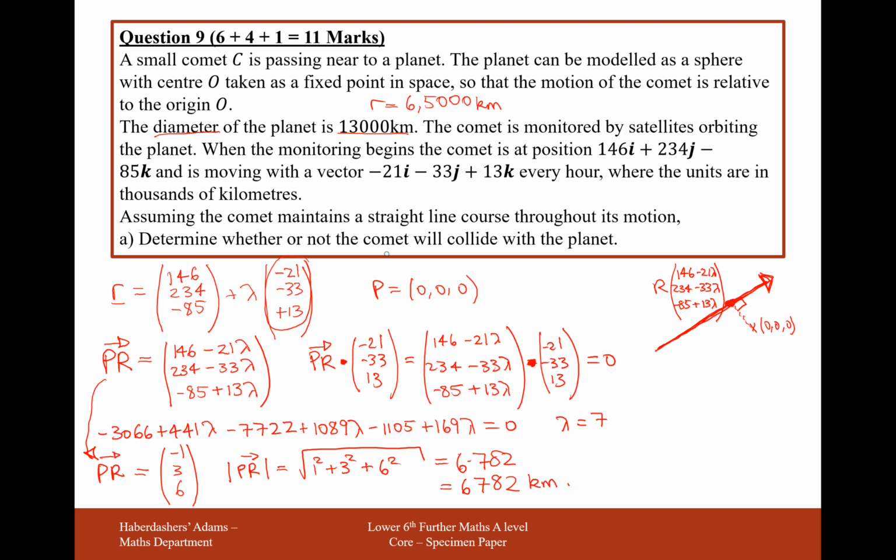Now, the question is to determine whether or not the comet will collide with the planet, so we're going to compare it to 6,500, and the shortest distance on the line of the vector to the centre of the Earth, or centre of the planet, is 6,782.